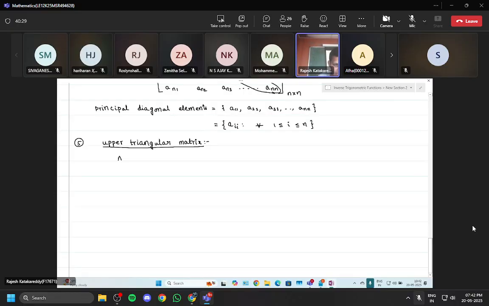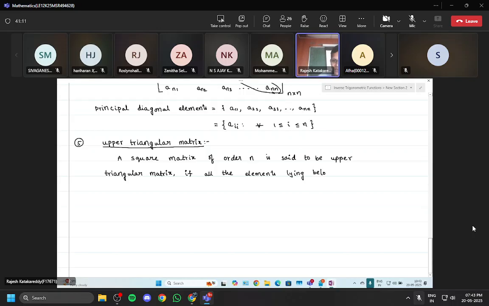So a square matrix of order n is said to be an upper triangular matrix if all the elements lying below the principal diagonal are equal to 0.